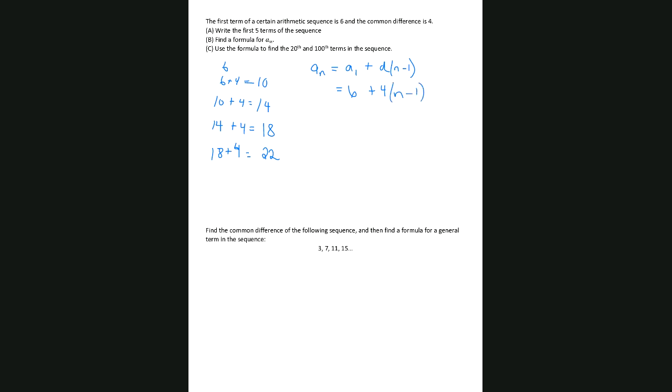Now I can use the distributive property here to simplify this a little bit. So I have 6 plus 4 times n is 4n, and 4 times negative 1 is negative 4. And then I can combine like terms. 6 minus 4 is 2. So a sub n has the formula 2 plus 4n, or 4n plus 2, doesn't matter, either way.